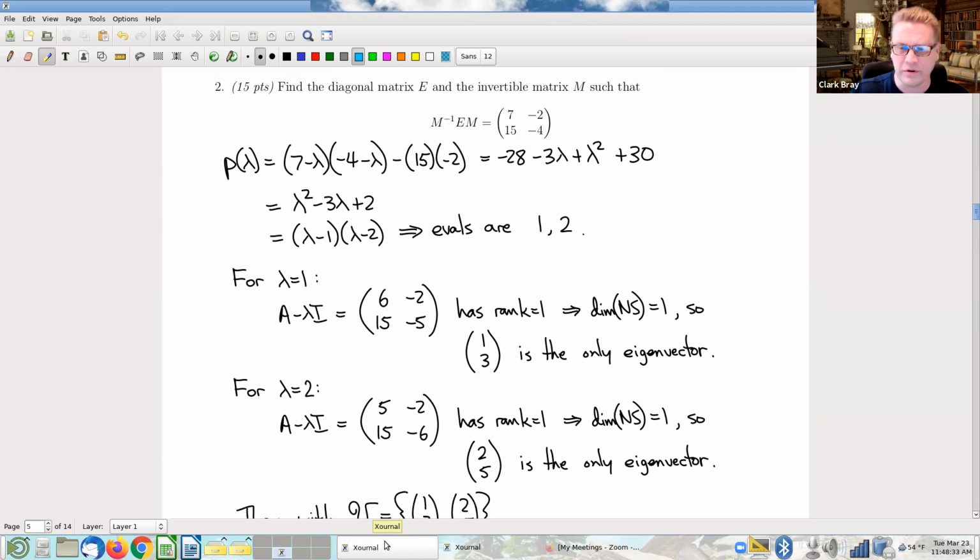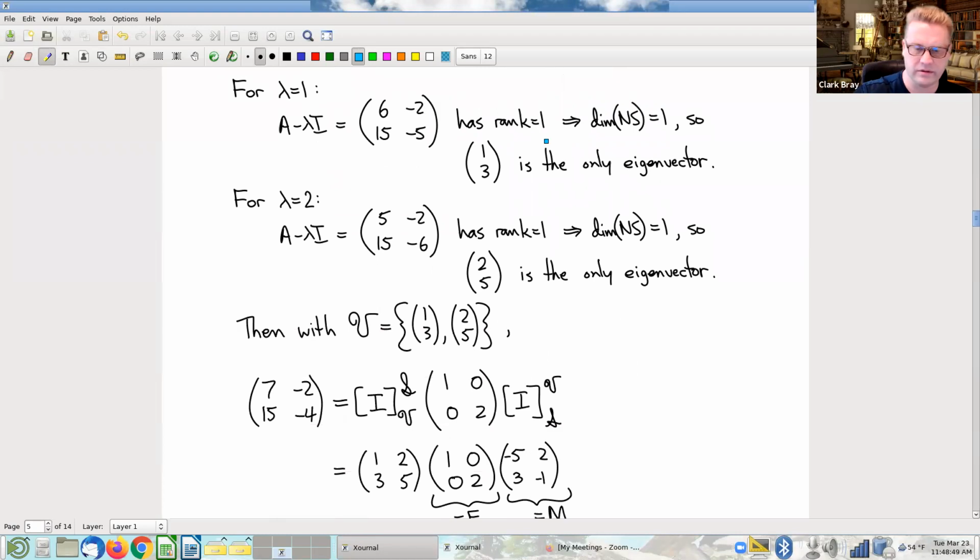If you think through the specifics of this circumstance, here we're conjugating a diagonal matrix to get the original matrix. Here's our original matrix that typically we would have called A. Here I'm conjugating the diagonal matrix that I typically would have called D. Of course, we gave these different names.